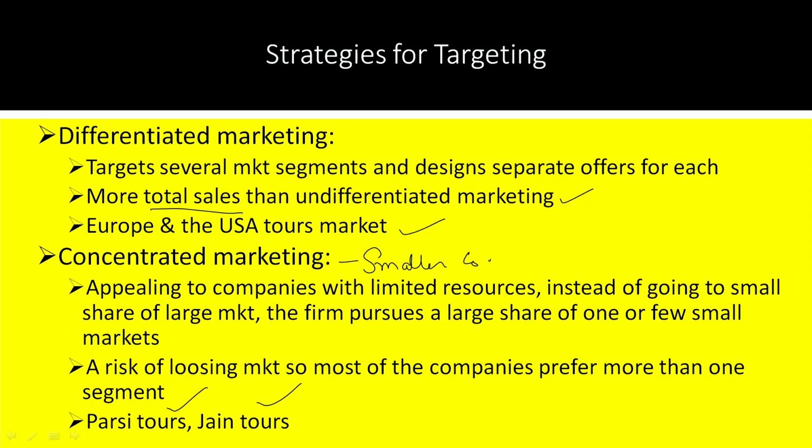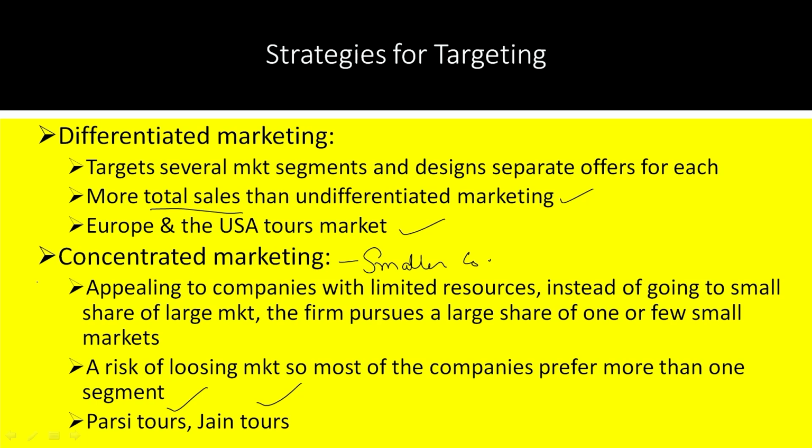When we talk about the eating habits of Parsis, places where they want to visit, the eating habits of Jains, places where they want to visit, these are very unique, and the presence of this kind of product in the market is very rare. So, anybody who concentrates on these two minorities, ignoring the rest of the larger population, can make very good profit just by catering to this very small segment.